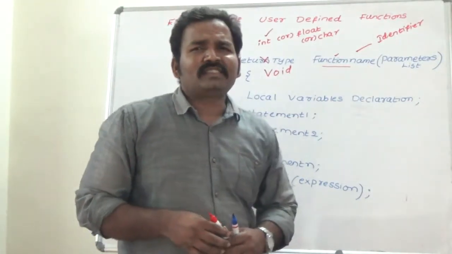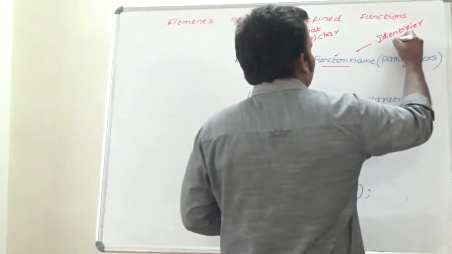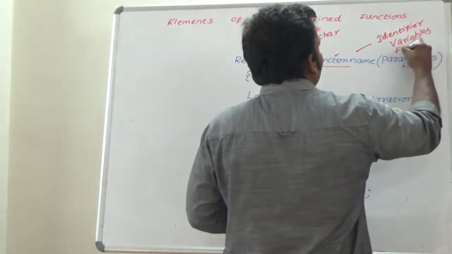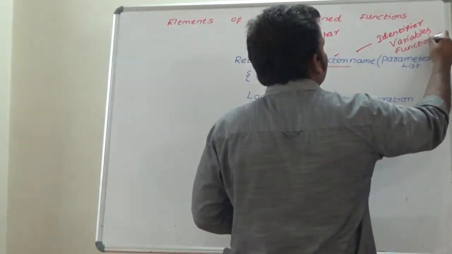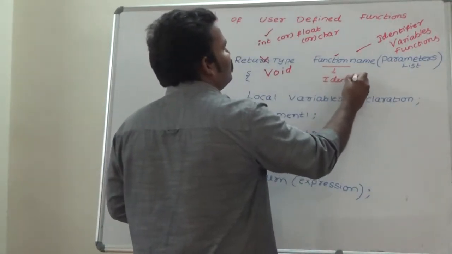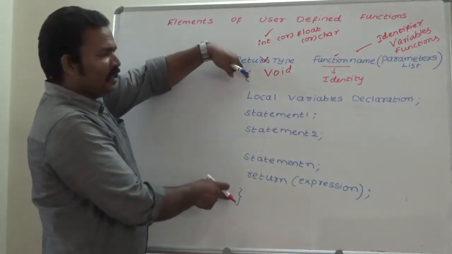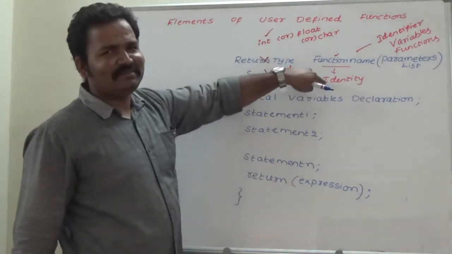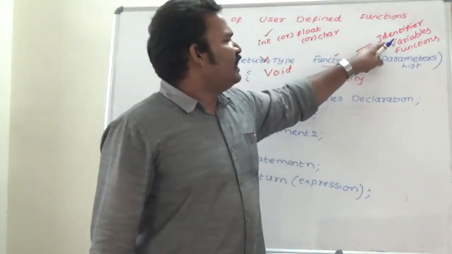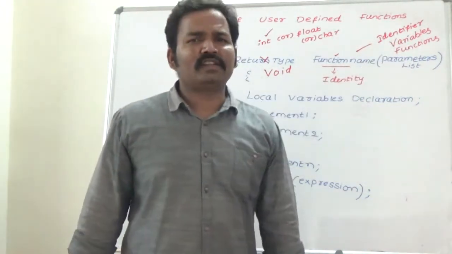Identifiers are the name of the variables and name of the functions. Here, function is a block of statements and will have an identity. The identity is what here? Name of the function. So identifiers are the name of the variables or name of the functions.